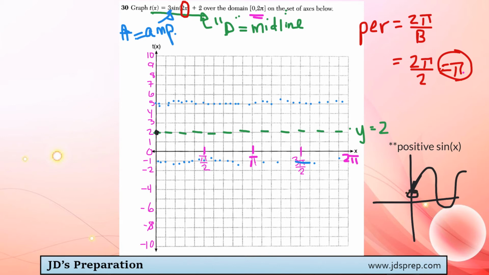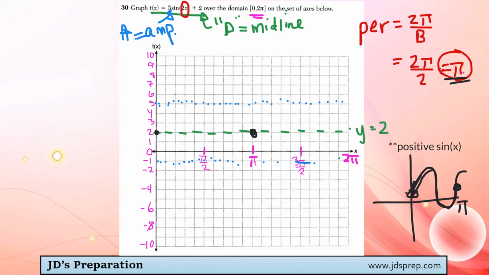And since we know now that the period has the value of pi, that means the time it takes for it to repeat itself, so to go from here to here, is a distance of pi. So at pi comma 2, that point there is going to be on this graph.